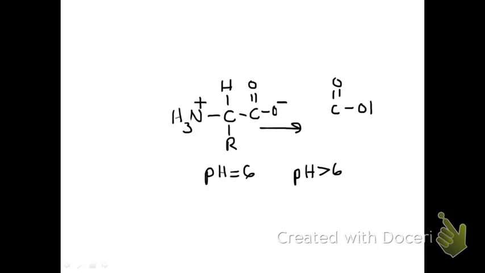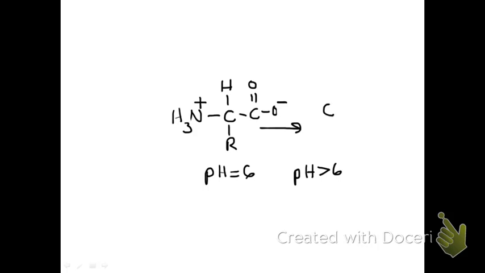Oops, erase that. This is supposed to be negatively charged. And our amine group here loses a proton. Trying to fit that in there. Loses that proton. There's our R group there. Looks like I'm missing a carbon, see, when I'm trying to squeeze it all in here. Okay, let me rewrite that.